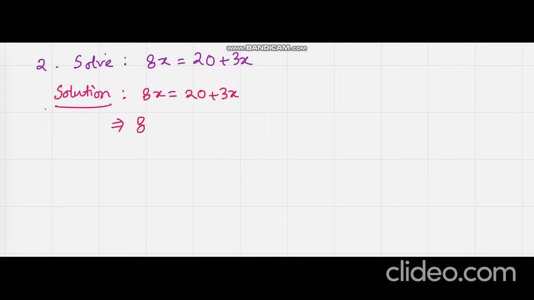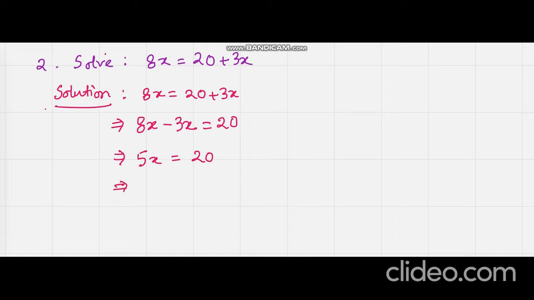So 8x, we will keep it as it is, and 3x, what is the sign over here? It is plus 3x. If we move it to the left hand side, that means we are transposing, so our sign will get changed. So it will be minus 3x, and 20 will remain as it is. Now 8x minus 3x is 5x equal to 20.